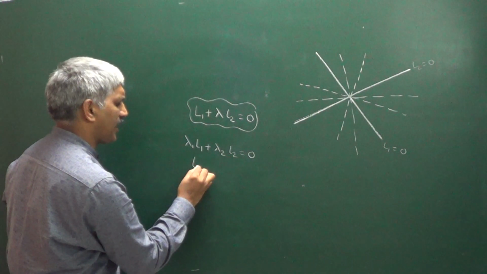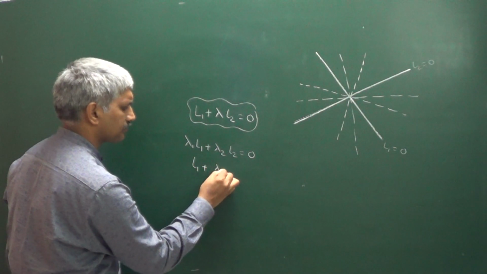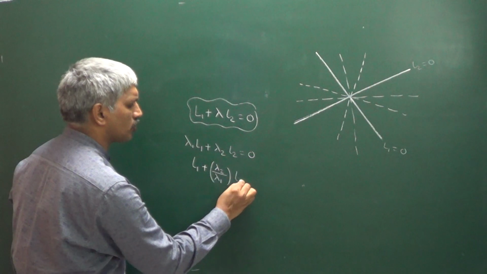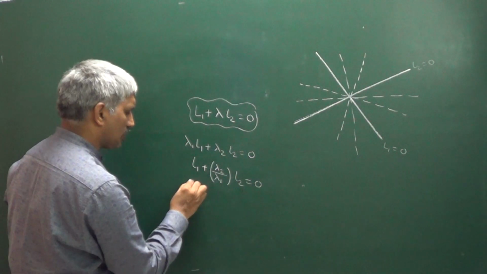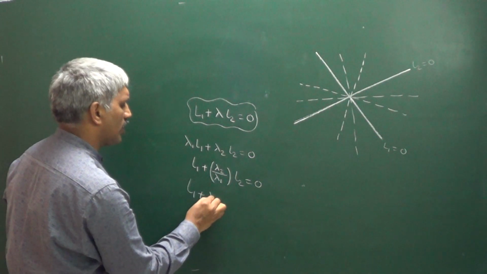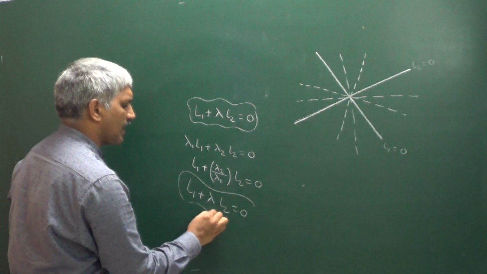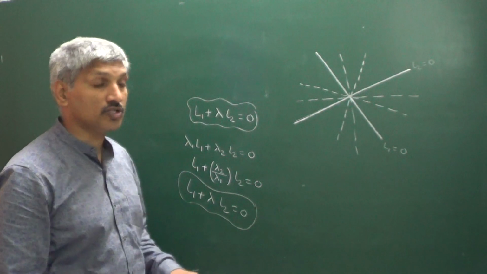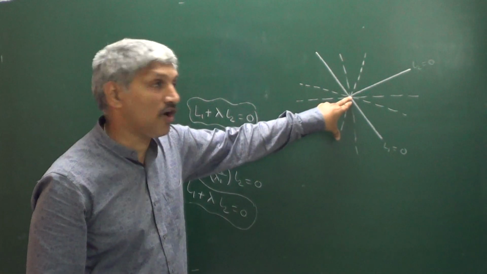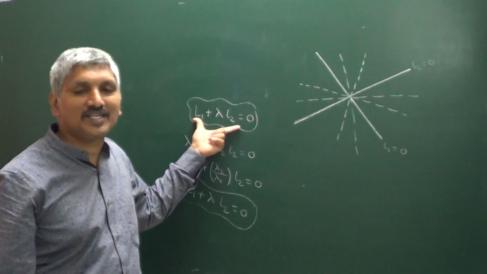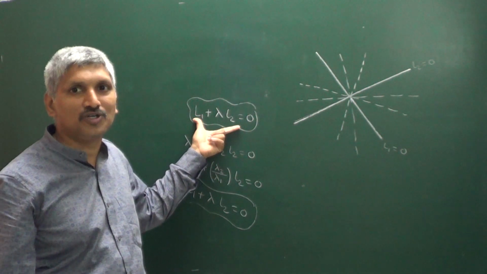The same I can write as L1 plus lambda 2 by lambda 1 into L2 equals 0. That only I am writing as L1 plus lambda L2 equals 0. Any line passing through the point of intersection of these two lines is of the form L1 plus lambda L2 equals 0.